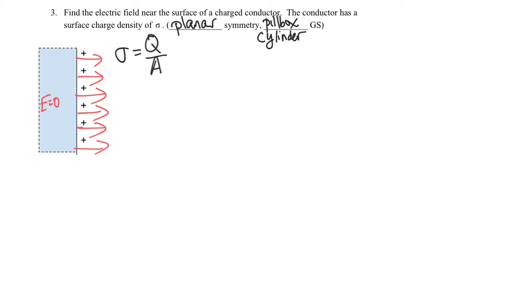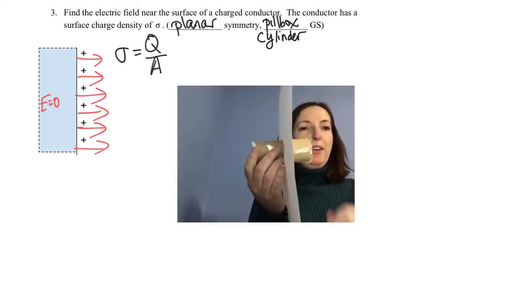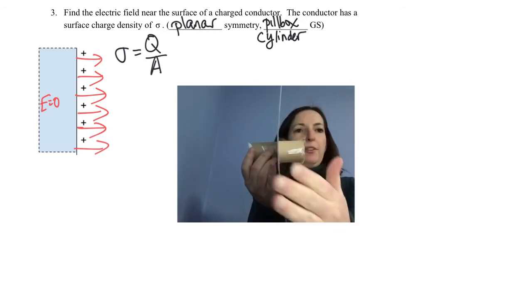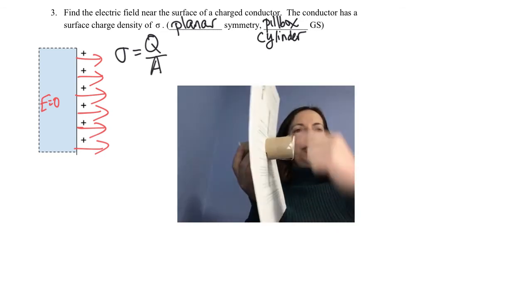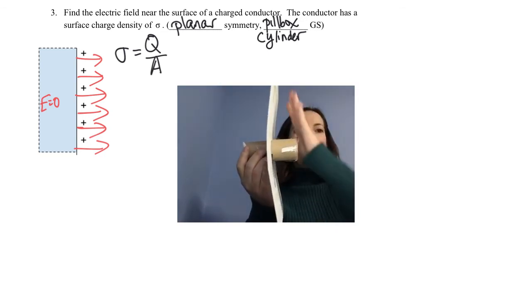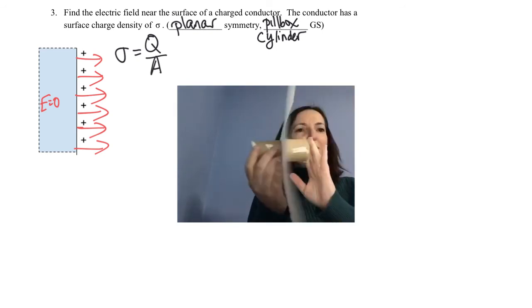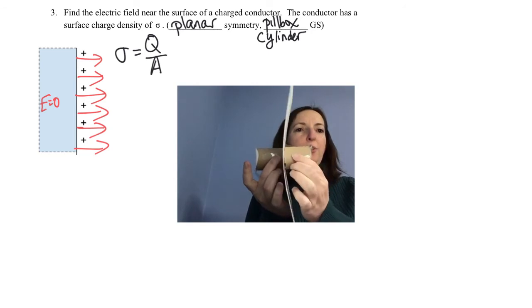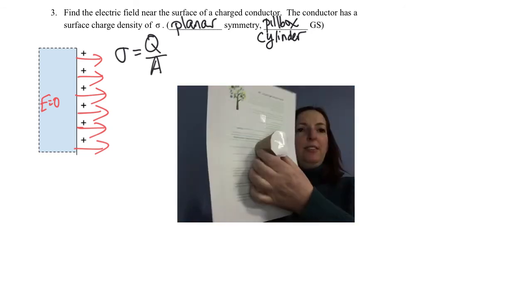Now we need to decide what our Gaussian surface is going to look like. We said it was like a pillbox or cylinder, but let me show you real quick. Here's my conductor. This is the surface. Let's say the charge is on this side, and there's nothing there. This is the inside of the conductor. We place our Gaussian surface like this, and it's a cylinder.